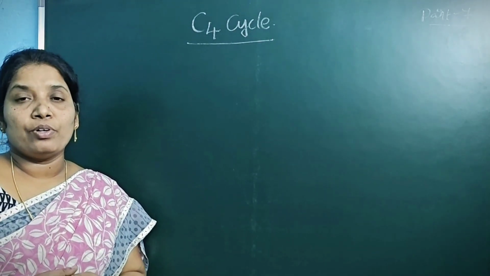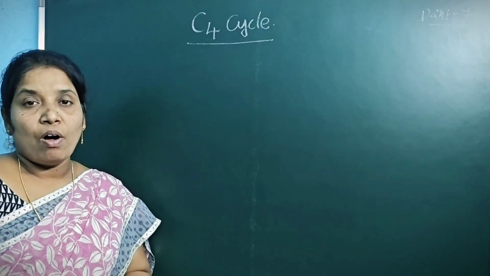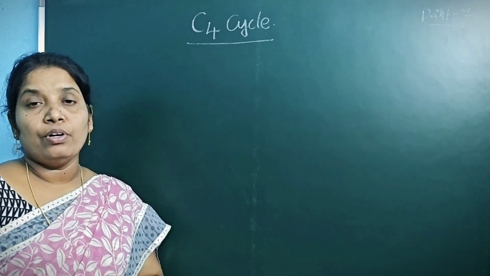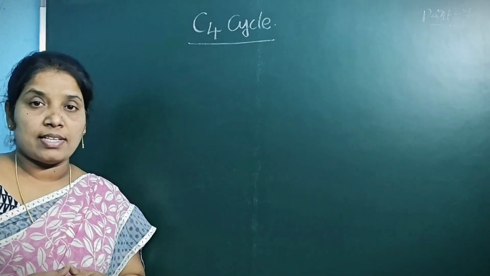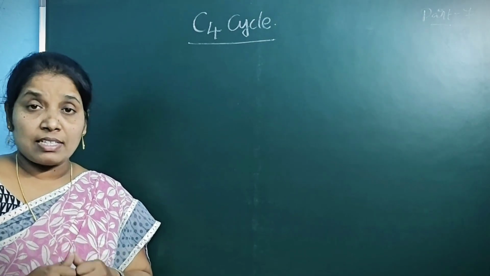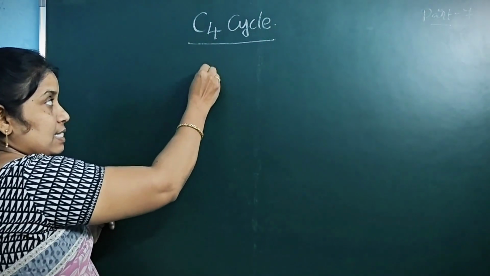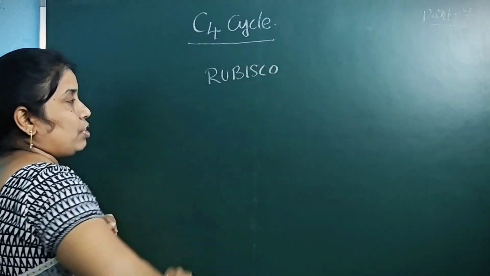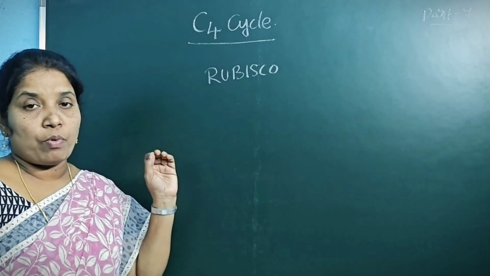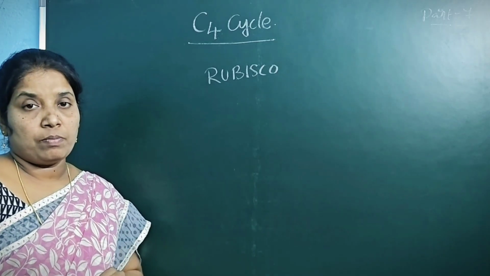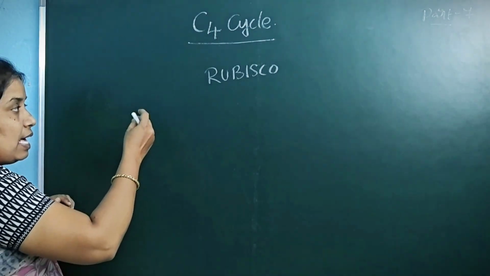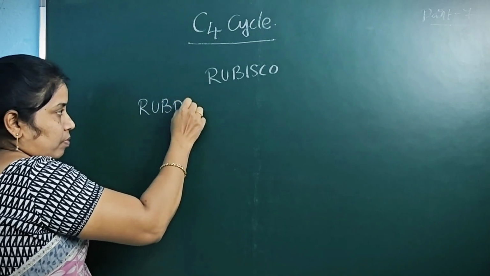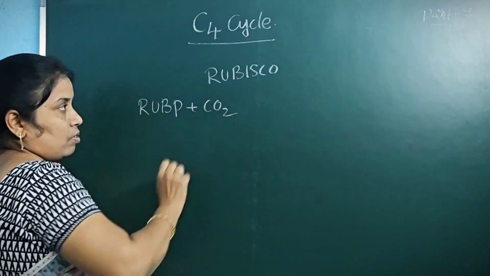In this video, I am going to give you a brief lecture on the C4 cycle. In the previous video, we already discussed the C3 cycle. In the C3 cycle, there is an enzyme Rubisco, ribulose bisphosphate carboxylase oxygenase, which helps in carboxylation.